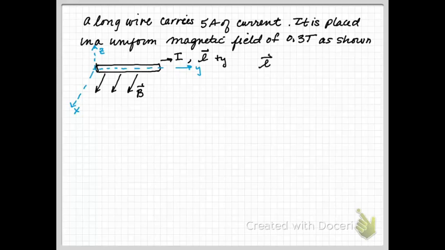So the L cross B is going to give us something with a negative K hat.